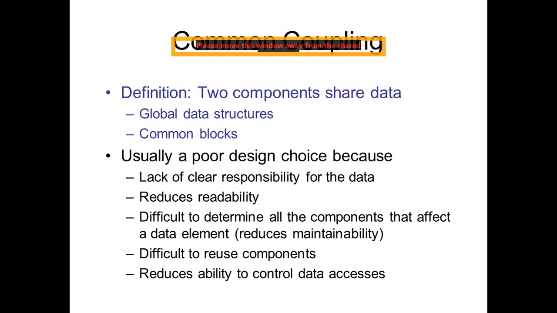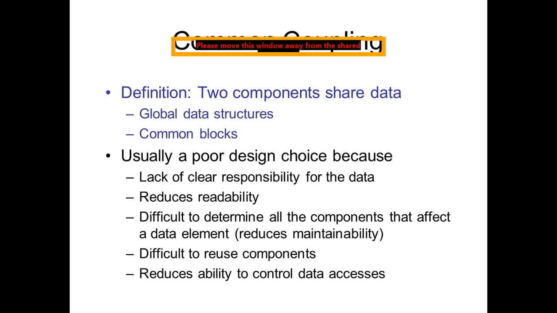There are various variables, which we call global variables, and those variables reside in a data structure called the global data structure. So common coupling means two components share data with the help of the global data structure or common blocks.